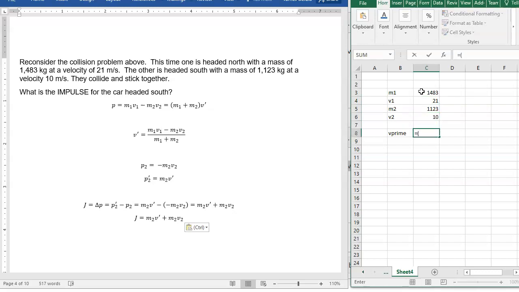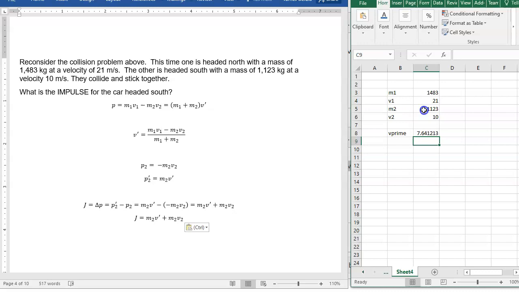Again, we have a numerator with more than one term in it, so I need parentheses: M1 times V1 minus M2 times V2. And we also have a denominator with more than one term in it, so I need parentheses, M1 plus M2.